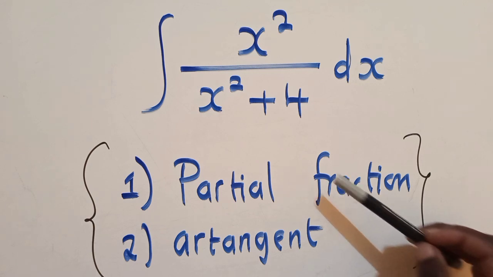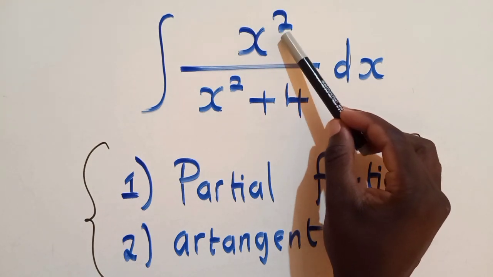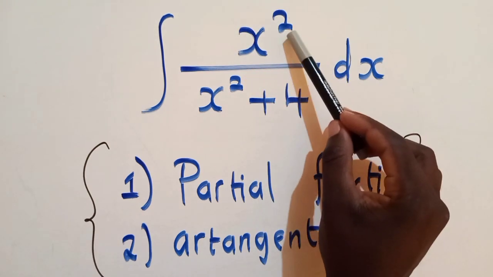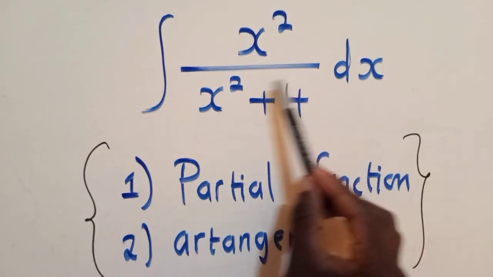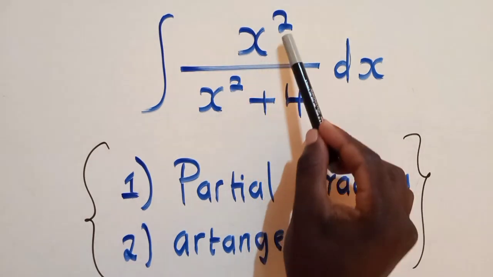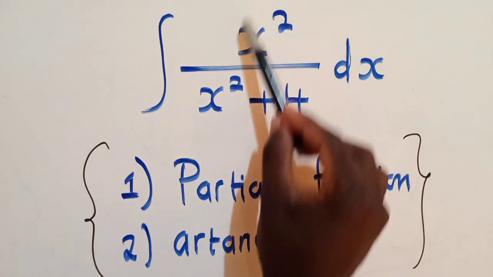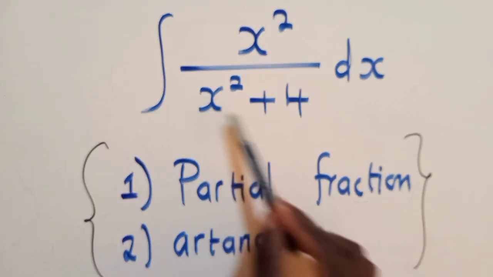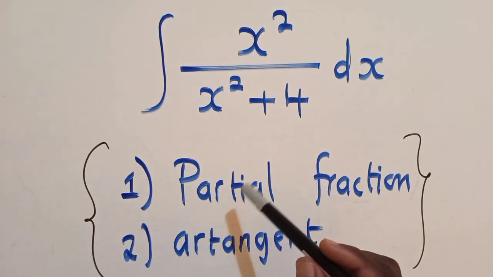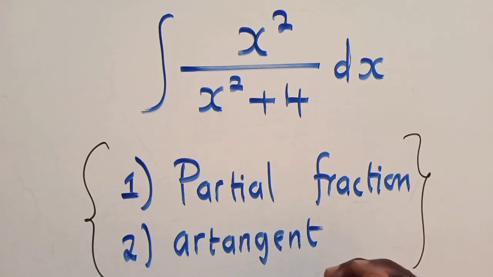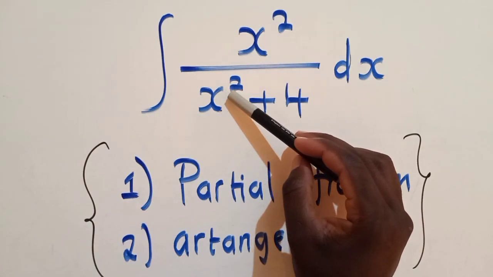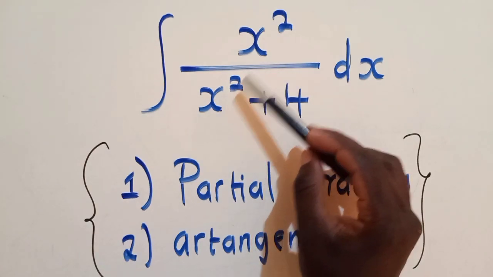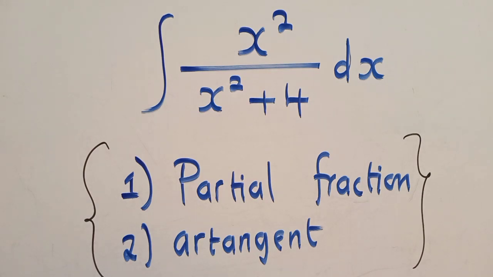It says that when you've got a power here, the highest power, in this case the power 2, and you check the highest power on the denominator, if it's equal or greater than the highest power on the denominator, you use what we call long division. Okay, so that's what it says. In this case, we have the highest power on the denominator equal to the highest power on the numerator. So we need to use the partial fraction. Okay.